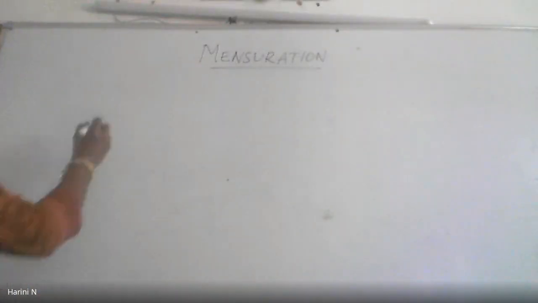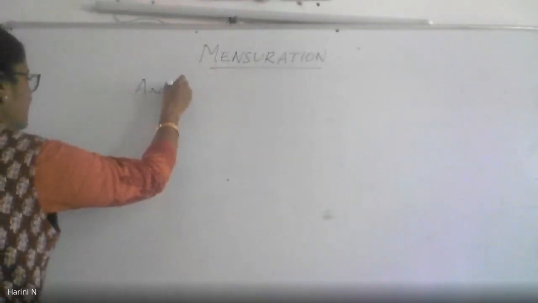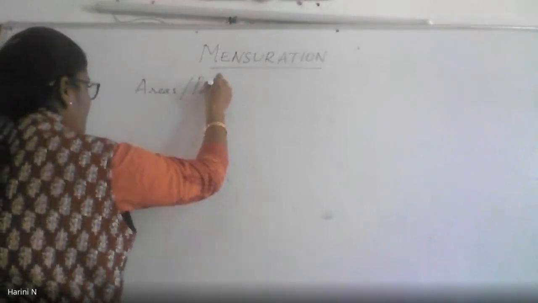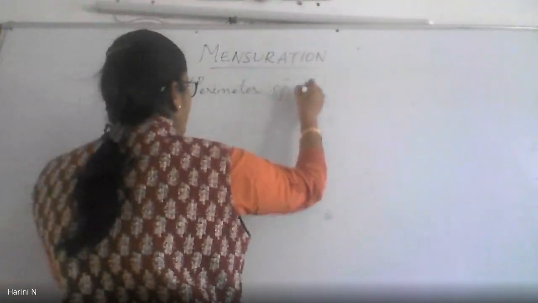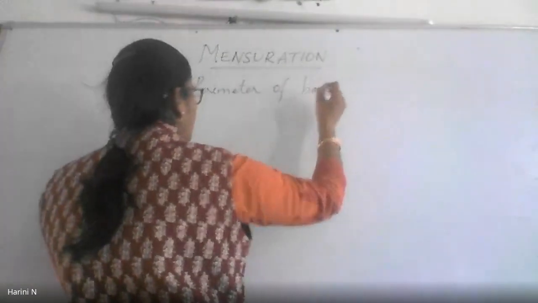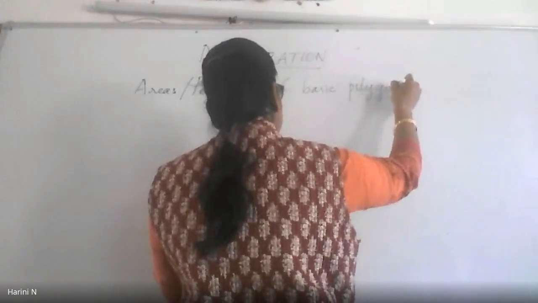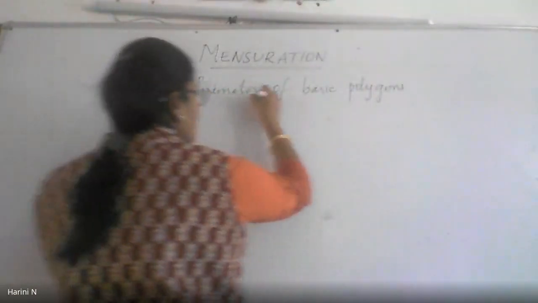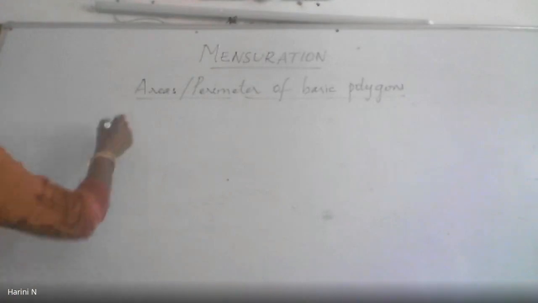So we have those 5 basic shapes, areas and perimeters of basic polygons. So we will make the tabulation.